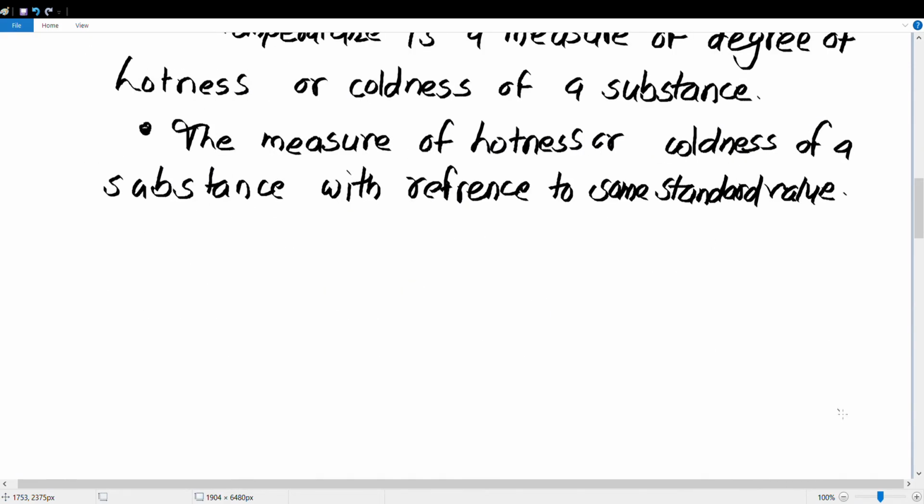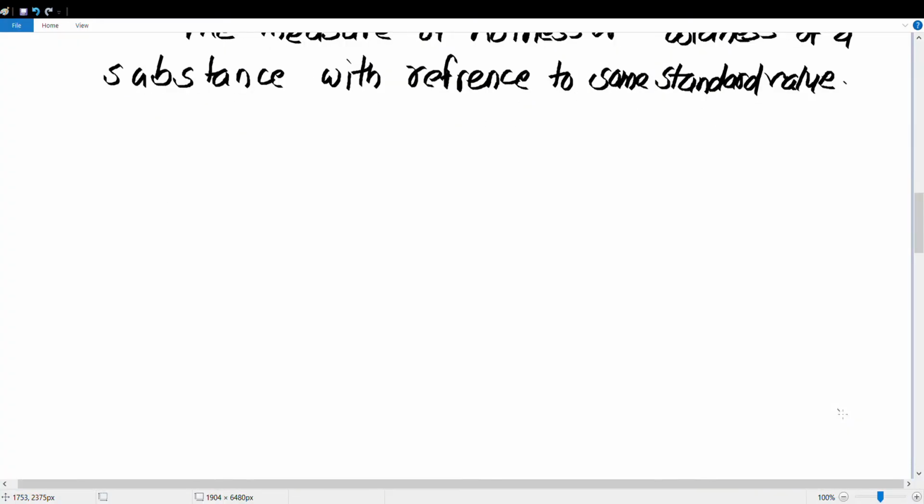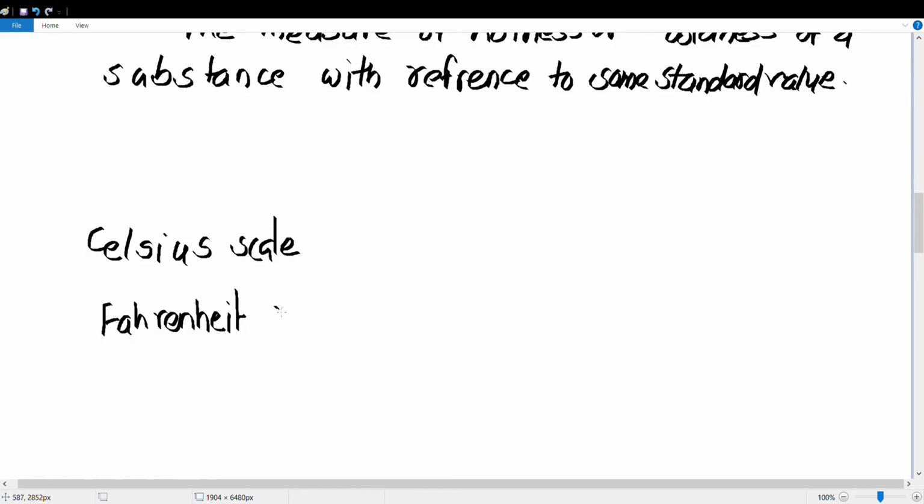We are familiar with the different scales. The famous scale of temperature is the Celsius scale. Then we also know the Fahrenheit scale, and the universally accepted scale is the Kelvin scale.